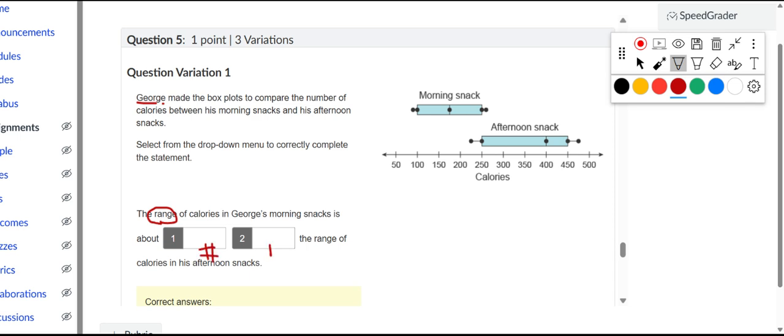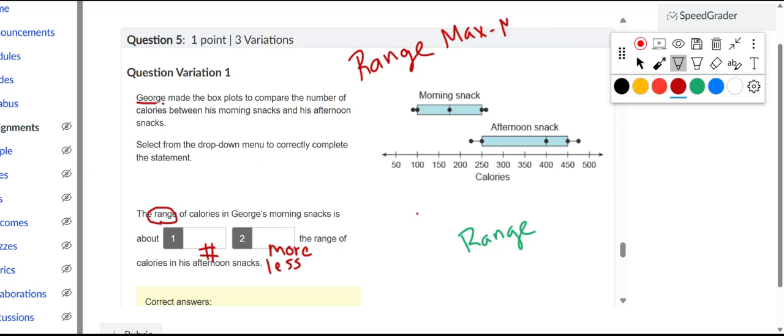And then in here, they're looking for something like more or less. And we need to find range. So how do you do range again? Max minus min. Yeah, very good. Max minus min. Let's see if we can figure it out.